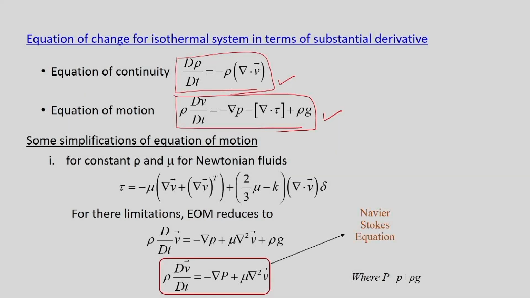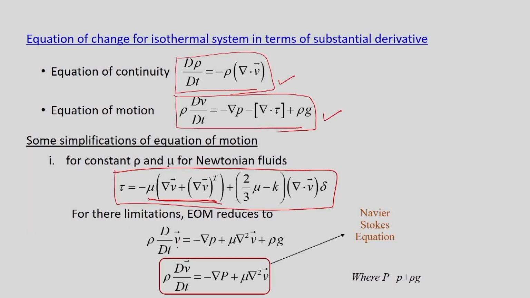Now, if you take the limiting condition of a Newtonian fluid, in this momentum equation the tau has to be replaced by this term, that is, tau is equal to minus mu times del v plus del v transpose, plus 2 by 3 mu minus kappa times del dot v, and then the Kronecker delta.